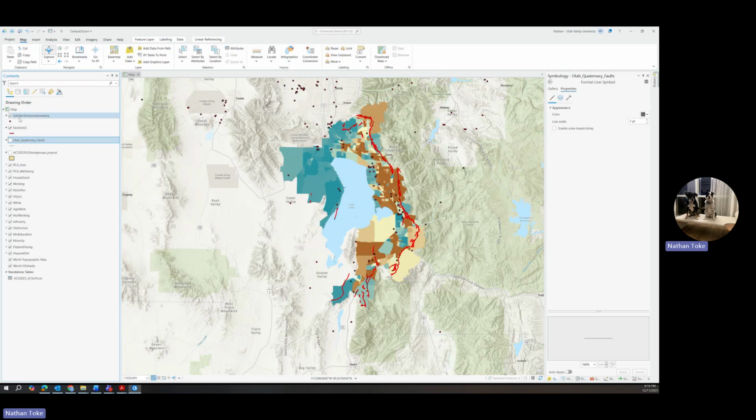Similarly, I have pulled up Department of Environmental Quality air emission inventory sites for the state. And so we want to look at those just in Utah County as well for this analysis.